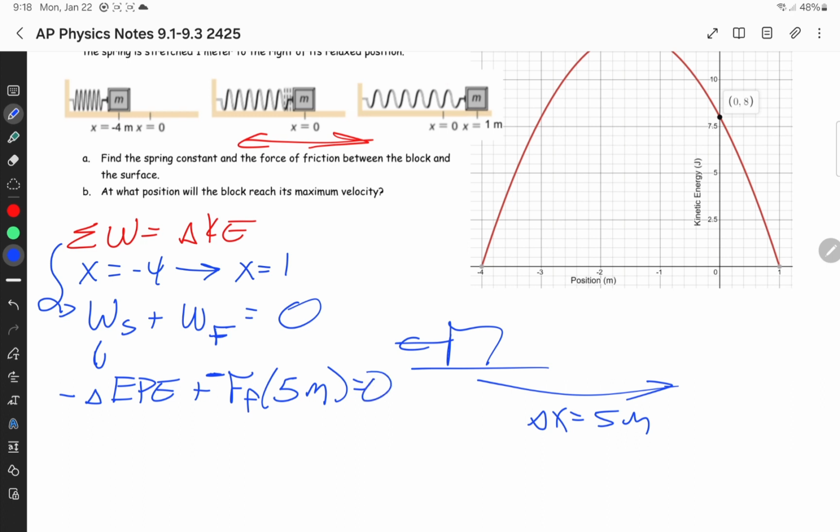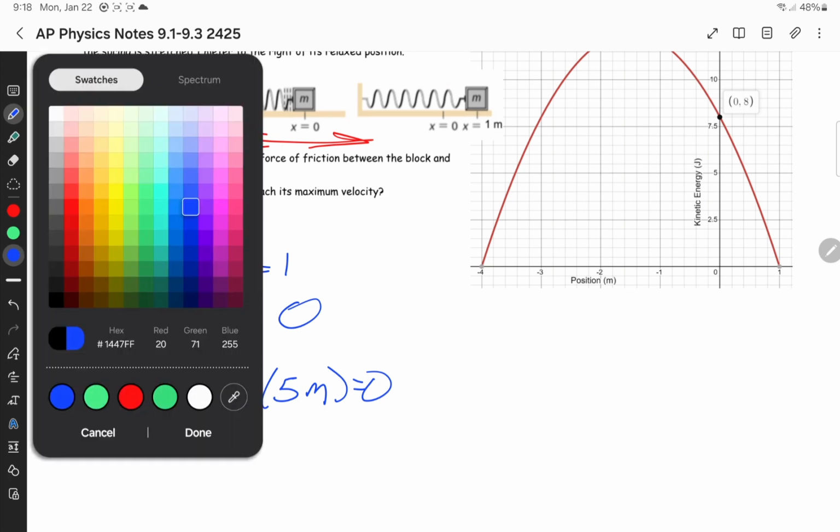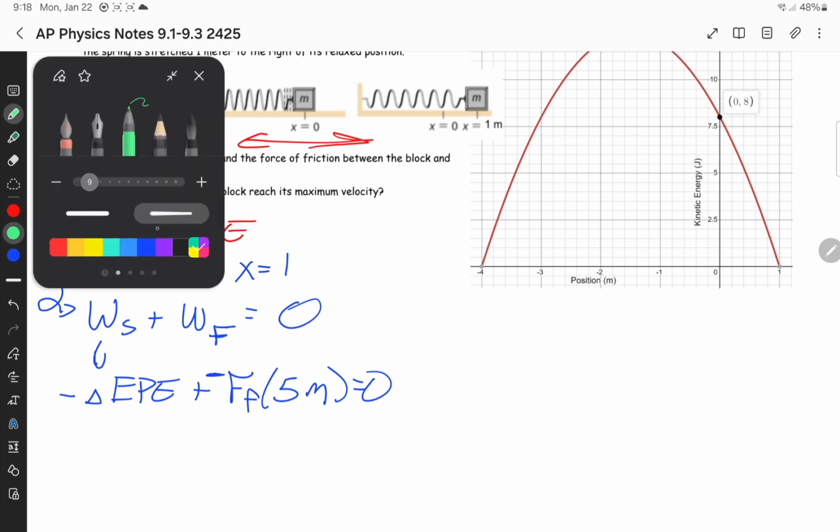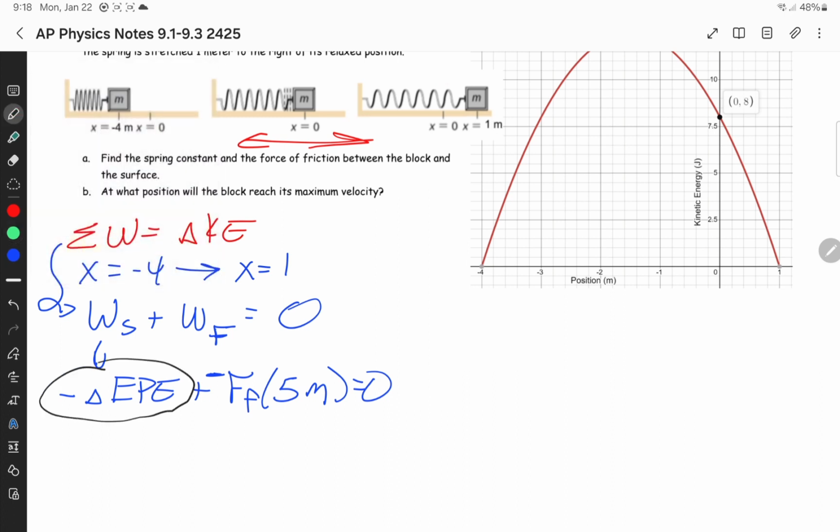All right, now what about the change in elastic potential energy? We actually want the opposite of the change in elastic potential energy, right? So the opposite of our change in elastic potential energy is the opposite of EPE final minus EPE initial.